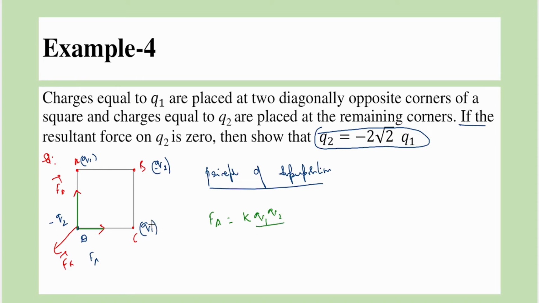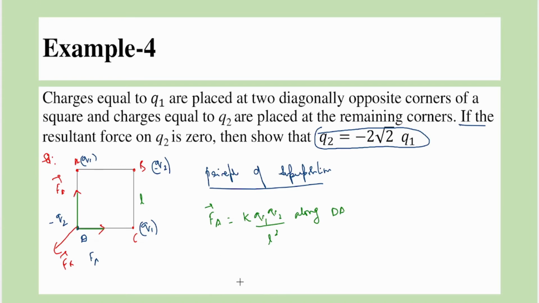We'll assume that each side has a length L, which is a square, so each will have the same length L by L square. This is what the force is. Do remember that in the case of Coulomb's law, we're just putting the magnitude. In vector form, this force is along DA because it is an attractive force. This is what is F suffix A.